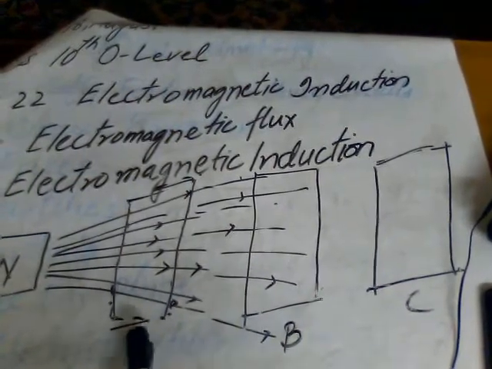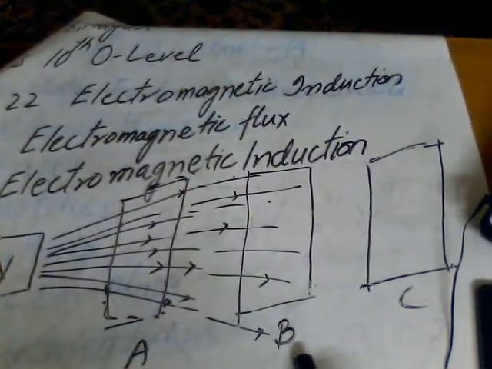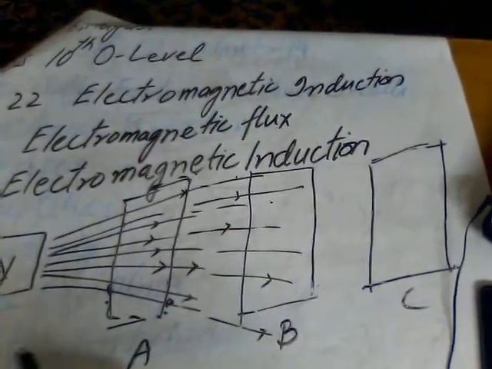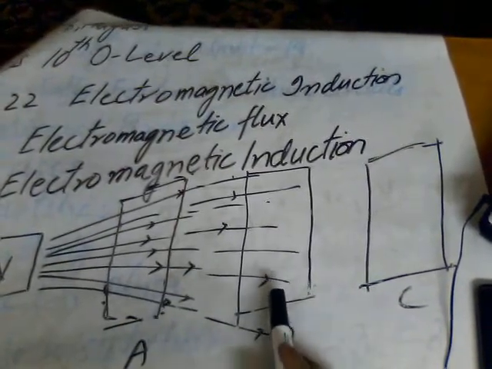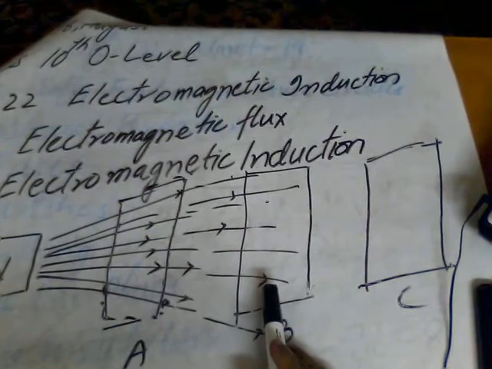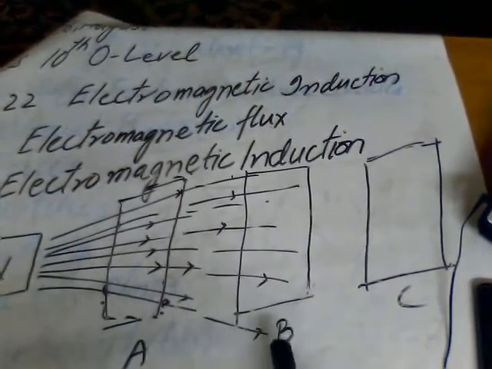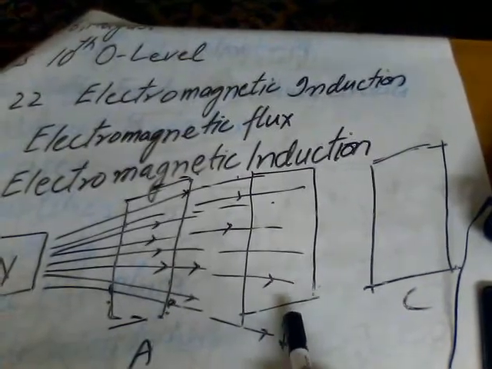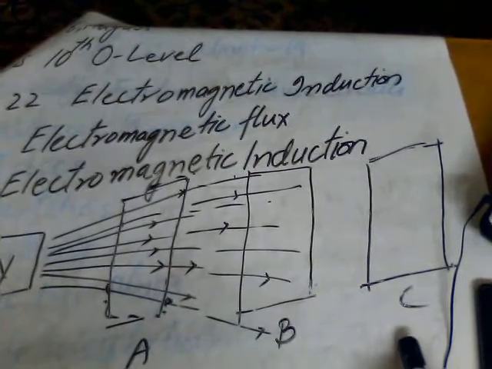The same coil is now brought to point B. Here, due to the distance from the magnet, the number of lines of force of the magnetic field at point B is reduced.